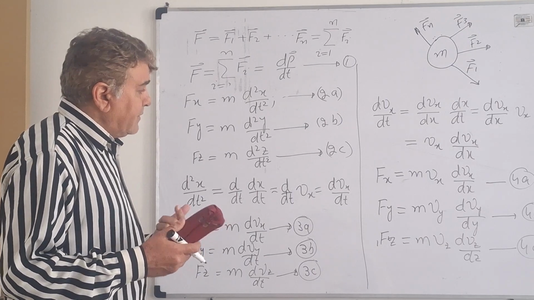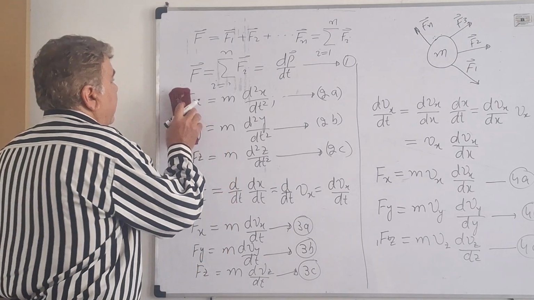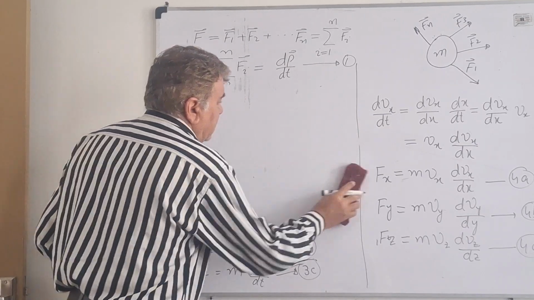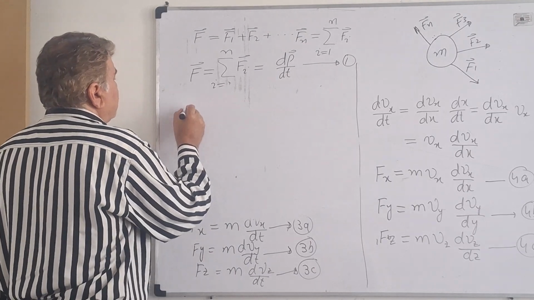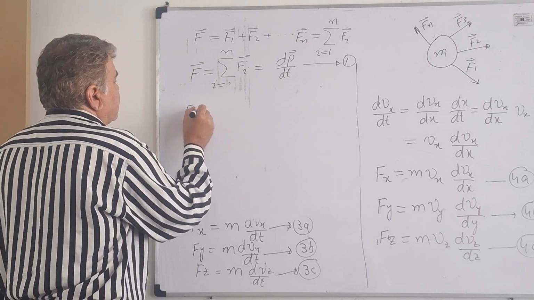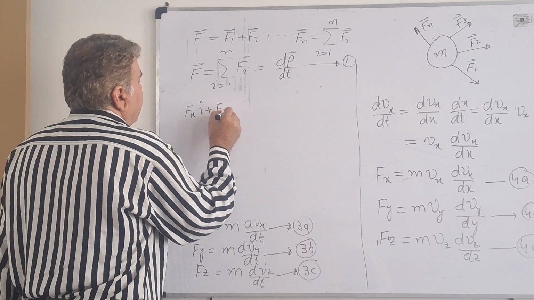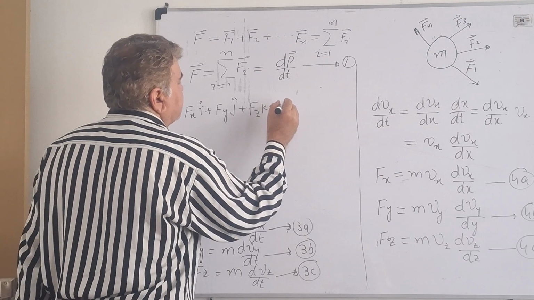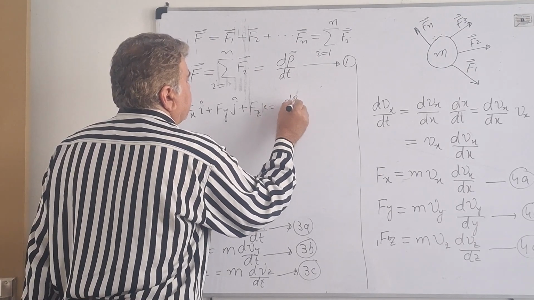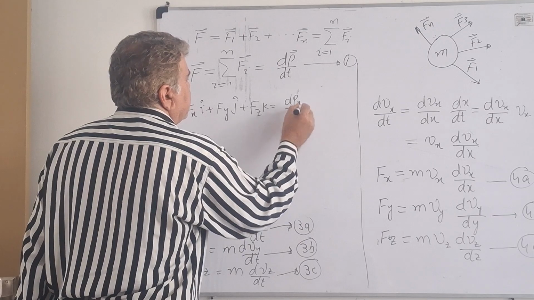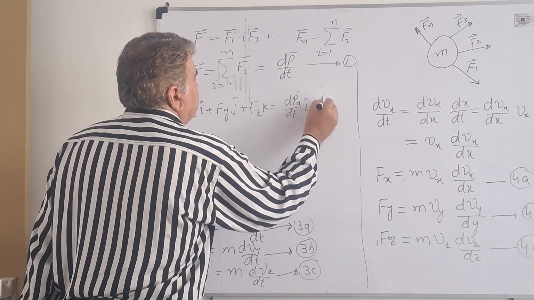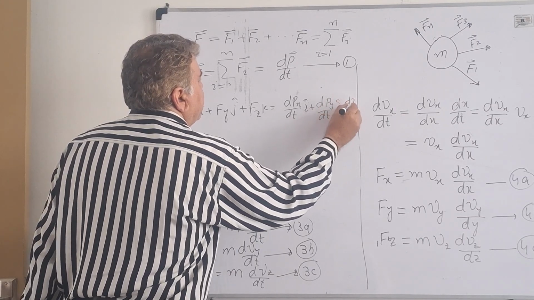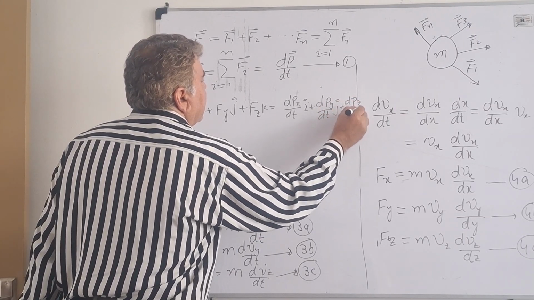We can write another differential form by, if I rub these equations out, breaking down this equation into the form Fx i plus Fy j plus Fz k equals dp sub x over dt i plus dp sub y over dt j plus dp sub z over dt k.